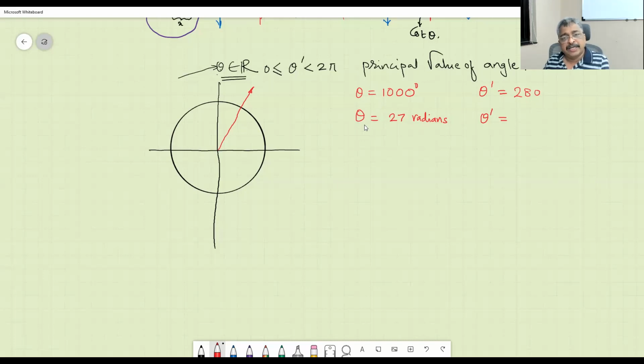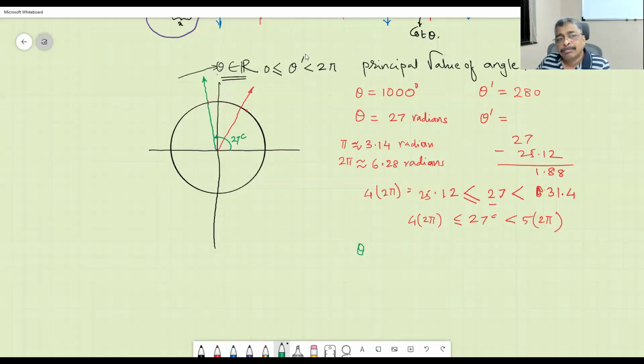Next question: theta is 27 radians. What is theta dash? Theta is 27 radian, pi is 3.14 radian, 2 pi is 6.28 radian. So 4 times 2 pi is 25.12 radian, which is less than 27, and 10 times pi is 31.4, which is greater than 27. So 27 is caught between consecutive multiples of 2 pi, 4 times 2 pi and 5 times 2 pi.